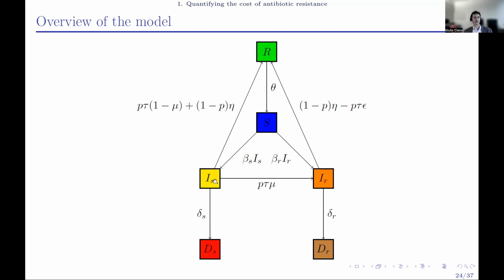But the problem is that in the classic model, you have only S, I, and R, that is the recovered. But then, of course, if you develop resistance with time, you can move from the infection with the susceptible bacteria to the compartment of infected by resistant bacteria.